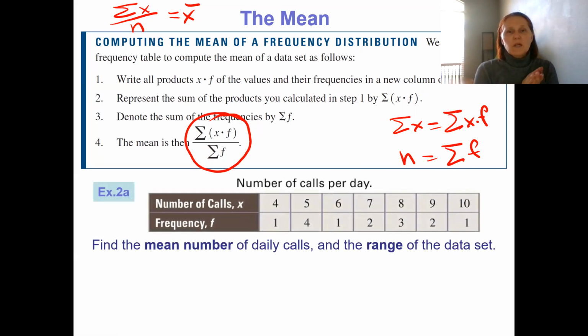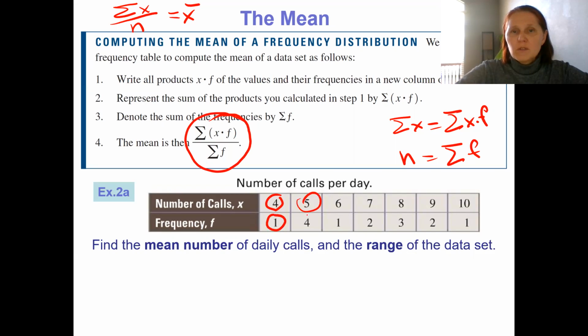Consider this example, that a company is recording the number of calls per day. 4 calls per day had happened once. 5 calls was 4 days, 4 different times. 6 calls was only 1 day.